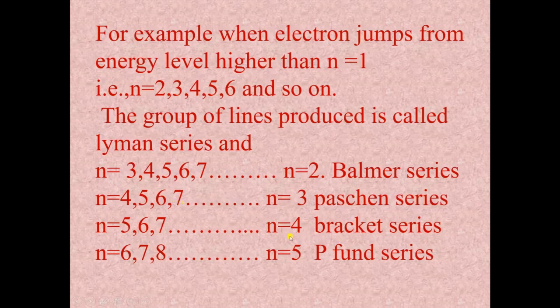For the Brackett series, the ground state energy level is 4 and the excited state energy level can be 5, 6, 7 and so on. For Pfund, the ground state energy level is 5. It is fixed, and the excited state can be n is equal to 6, 7, 8 and so on.